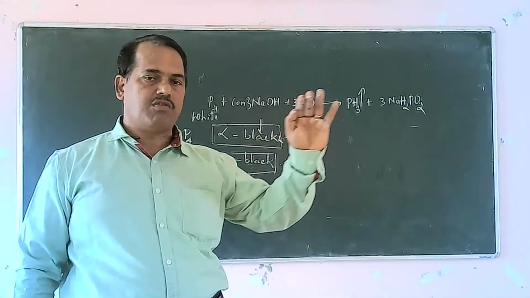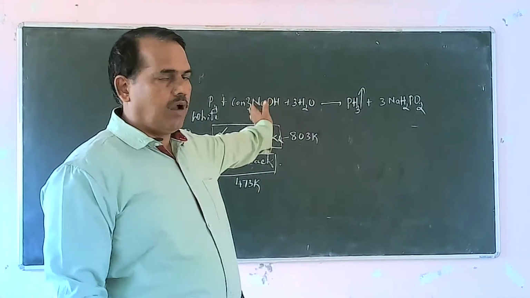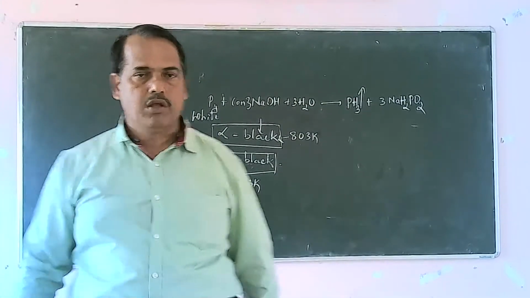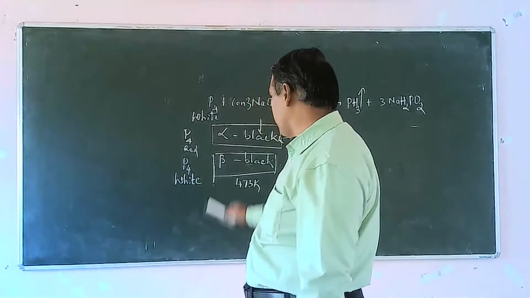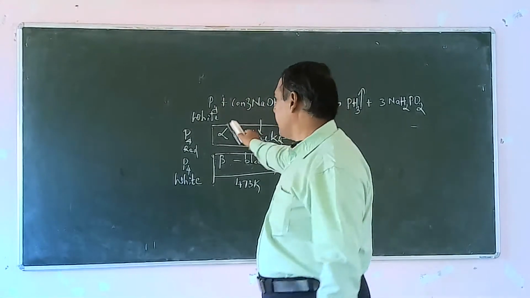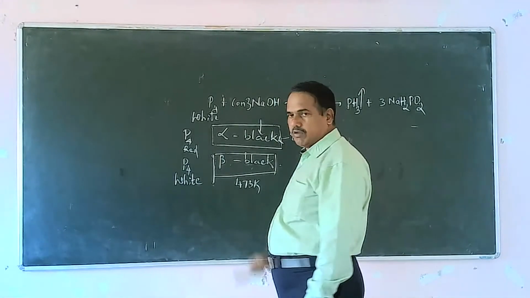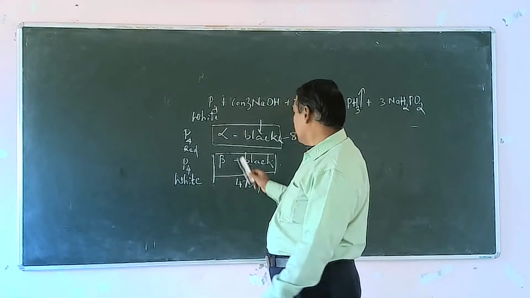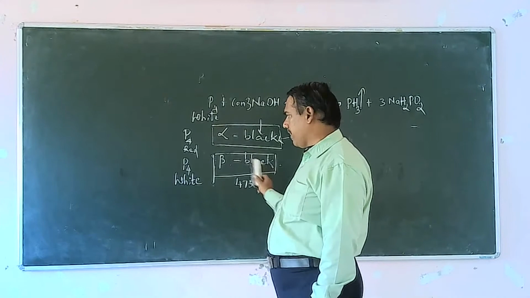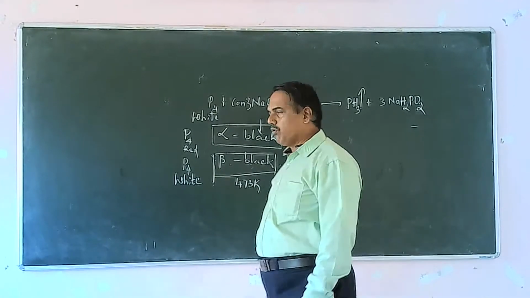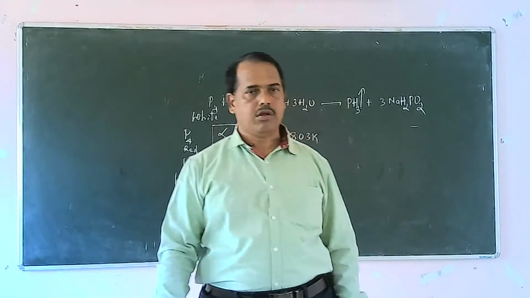So what are the other two forms of black phosphorus? One is alpha black phosphorus, another one is beta black phosphorus. Alpha black phosphorus is obtained by heating red phosphorus at 803 Kelvin. Like that, beta black phosphorus is obtained by heating white phosphorus at nearly 473 Kelvin temperature.